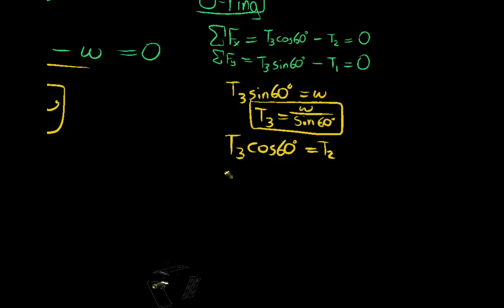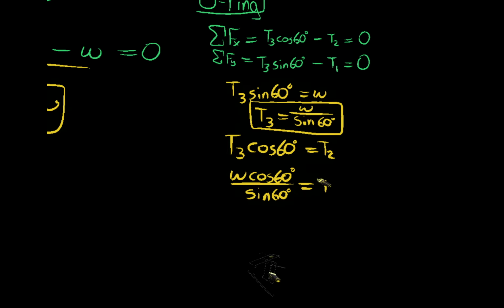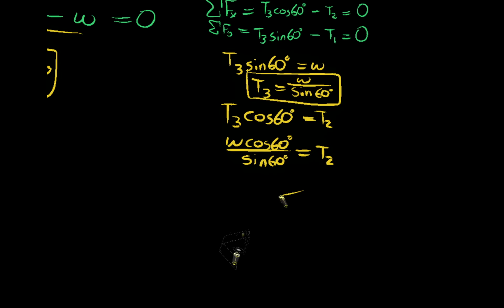So that means that we have W cosine 60 degrees over sine 60 degrees is equal to T2. And you could call that done, I guess, but we'll say W over tangent of 60 degrees is equal to T2. All right.